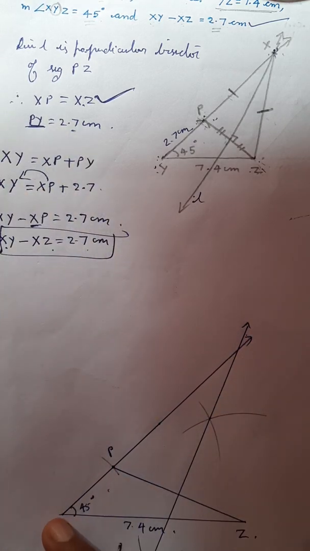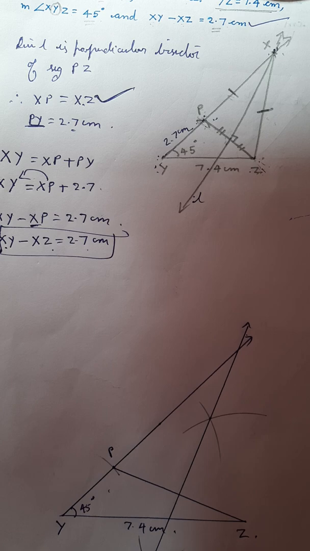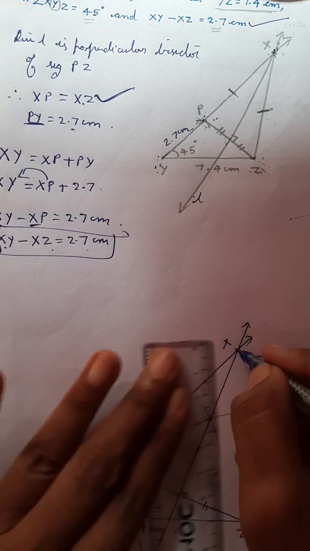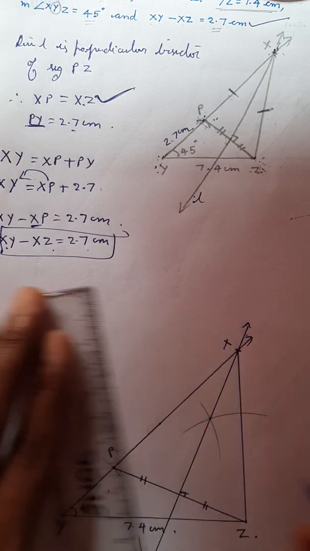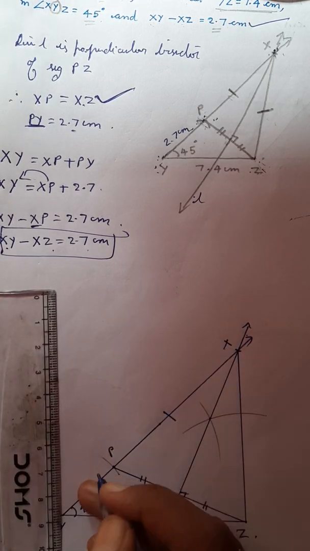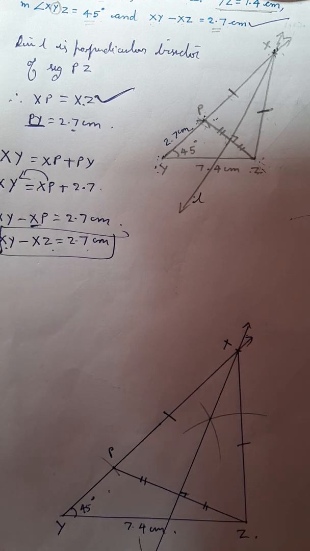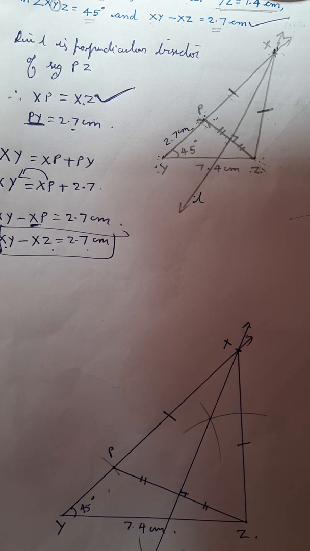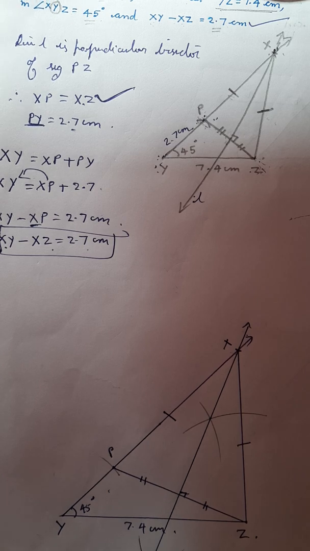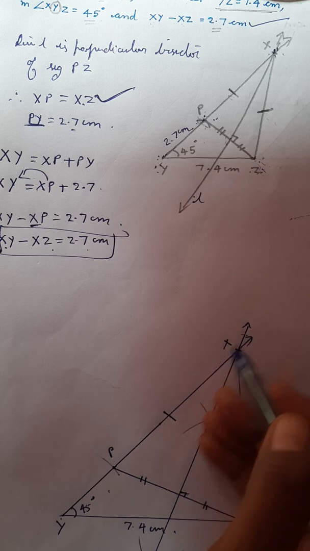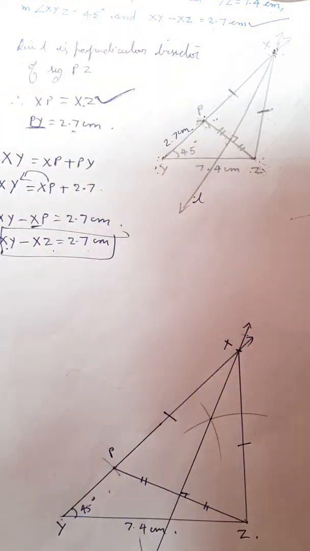Wherever this line meets the other line, this is compulsory to mark the perpendicular, and wherever it meets, this point is X. Now join X and Z. So according to the property, XP and XZ measures are equal. Now the bisector is line L. So XYZ is the triangle that was asked in the question.